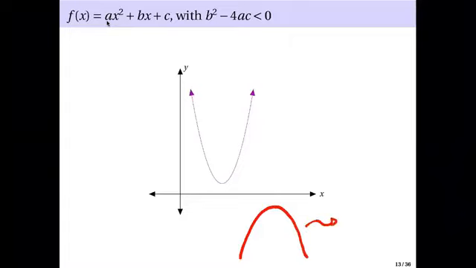This could be the graph of some function f of x equals ax squared plus bx plus c with a less than 0, and of course, we assume b squared minus 4ac less than 0. So the graph is completely below the x-axis.